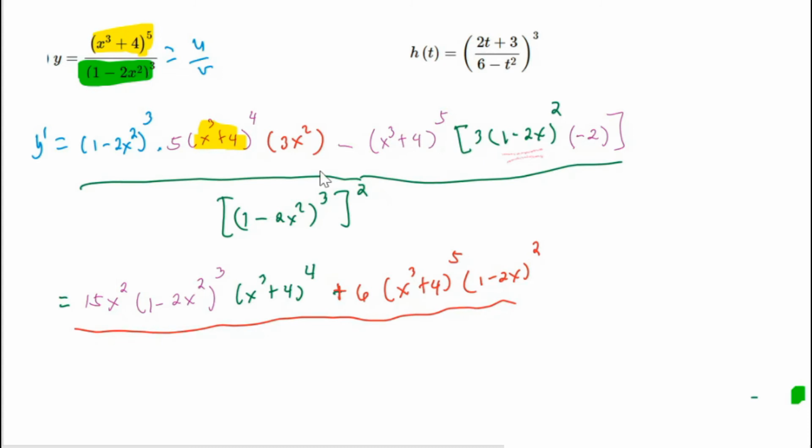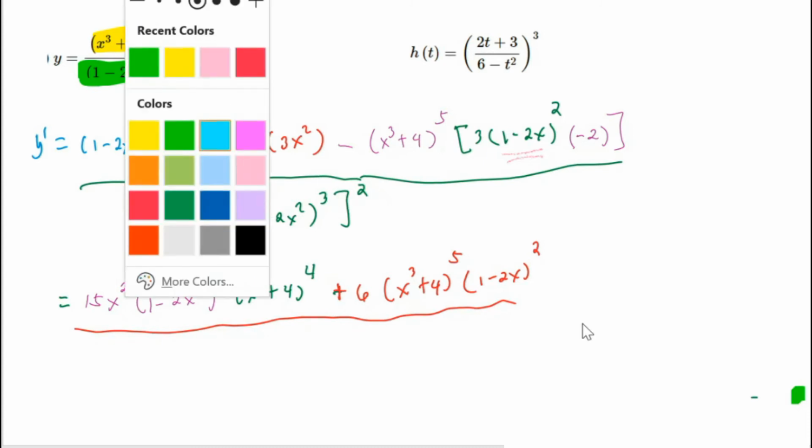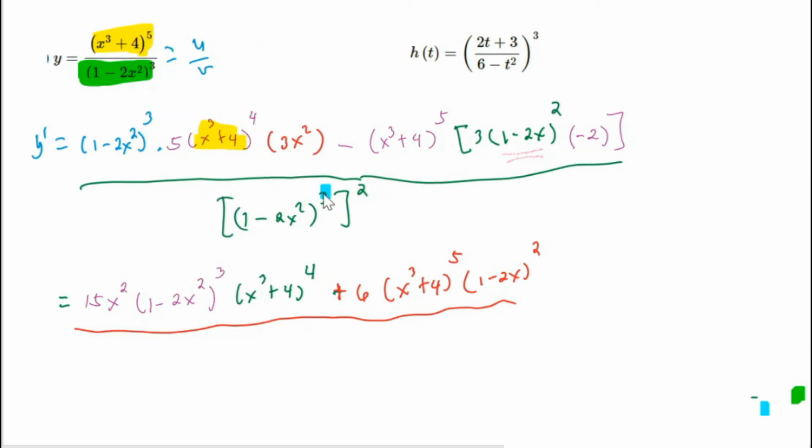So we have to apply the power to a power rule. We multiply their powers, 3 and 2. So 3 times 2 becomes the power of 6. I'll copy the base: the quantity of 1 minus 2x squared to the power of 6.